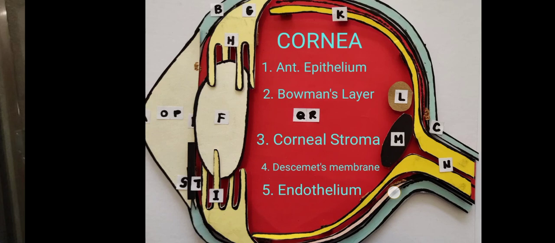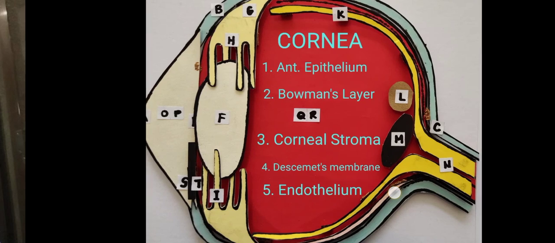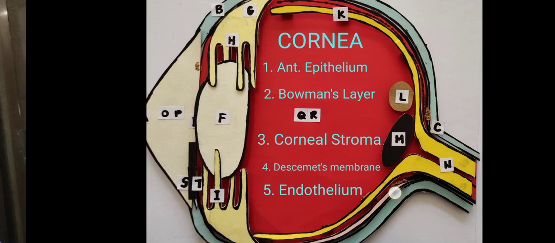Now, the fifth is the endothelium. The endothelium is the most posterior layer of the cornea. The main characteristic of this layer is that it is very porous. That means it allows substances to get inside it, specifically the aqueous humor.